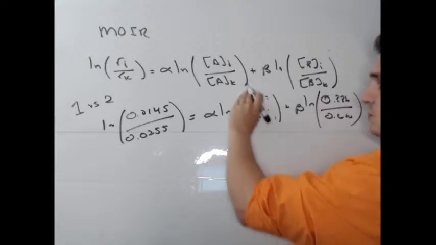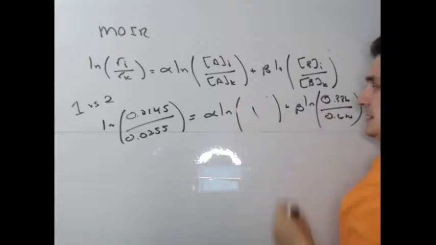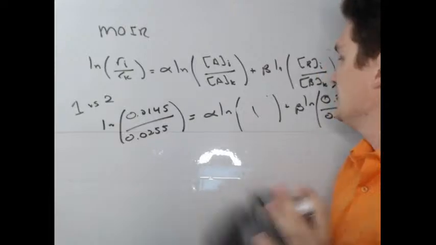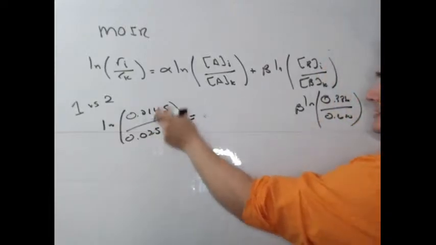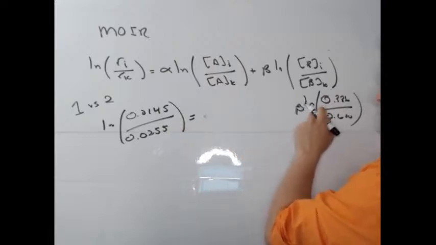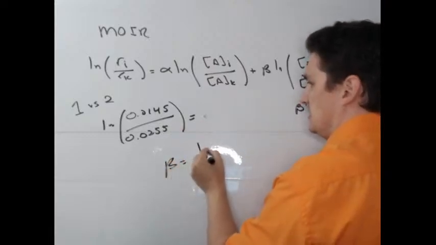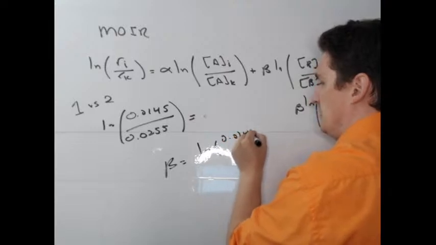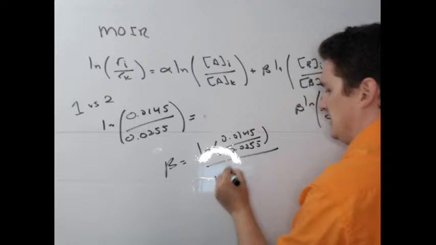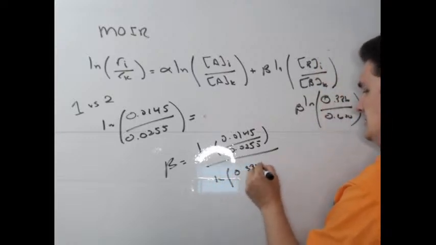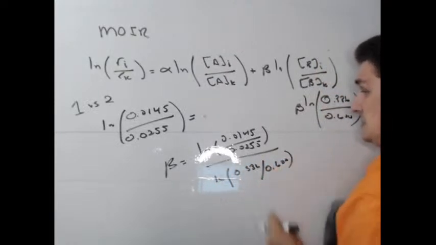So the ratio for A is just 1, and the natural log of 1 is 0. So we get this relationship that the order on B is just the natural log of these two numbers: the natural log of 0.0145 over 0.0255, divided by the natural log of 0.336 over 0.600.